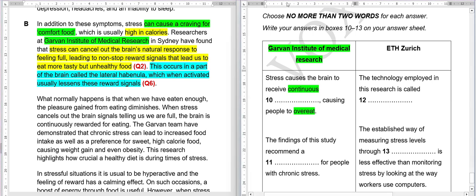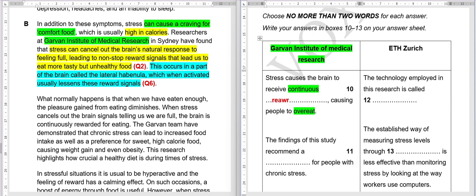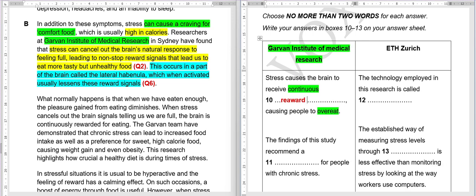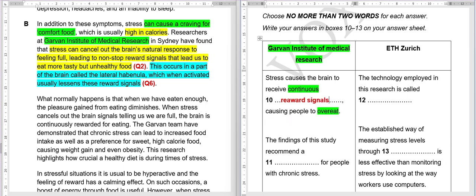Okay, time's up. I'm going to write the answer here and see if you are able to find the correct answer or not. Answer is reward signals.